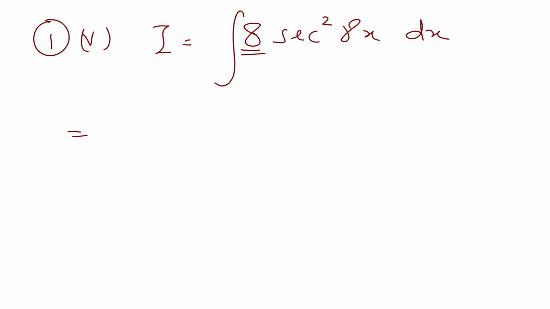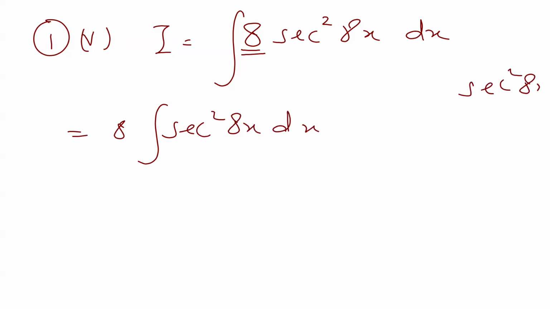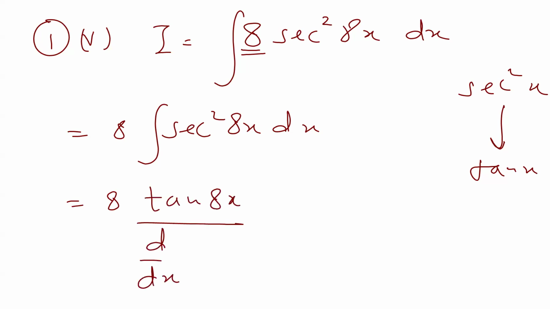This 8 will go outside. Now integration of sec square x is equal to tan x. So integration of sec square 8x will be tan 8x upon d by dx of 8x, the chain rule part.